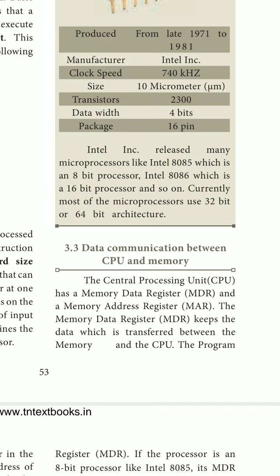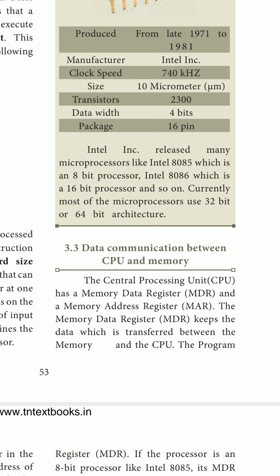Next, we will see data communication between the CPU and memory. The central processing unit has two types of registers: the memory data register and the memory address register. The memory data register keeps the data which is transferred between the memory and the CPU.